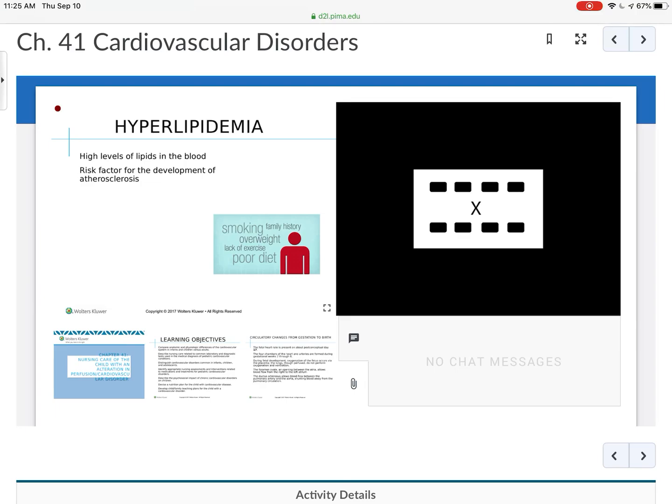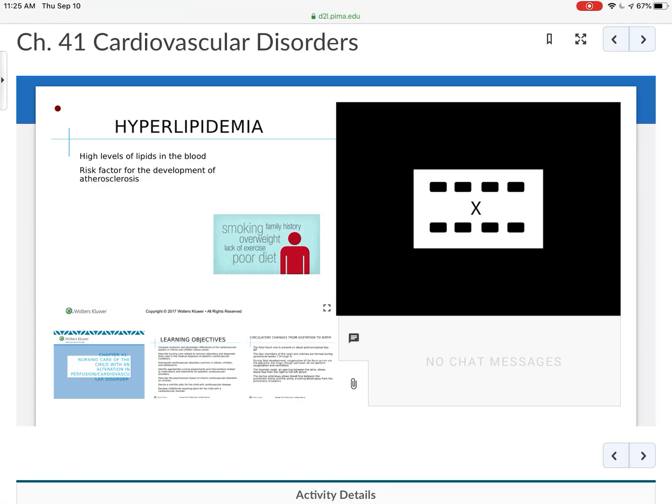And then your chapter goes into high levels of lipids. So hyperlipidemia. We're seeing more younger kids with hyperlipidemia. So again, early screening, management of diet, so cholesterol, and there are guidelines by the Bright Futures guidelines to recommend screening between 9 and 11, and again 18 to 21.